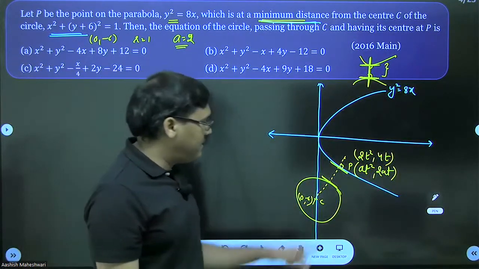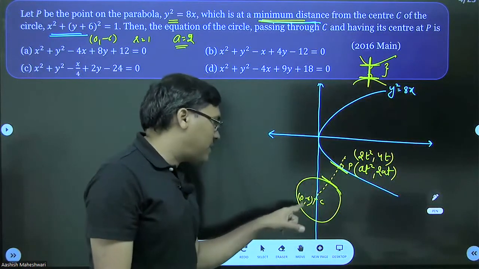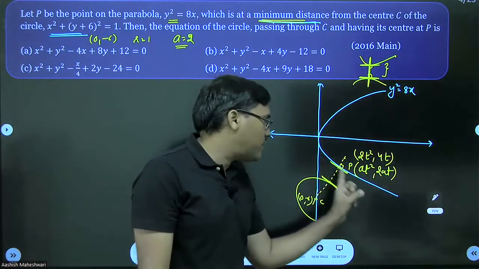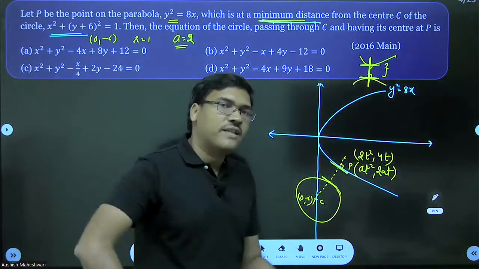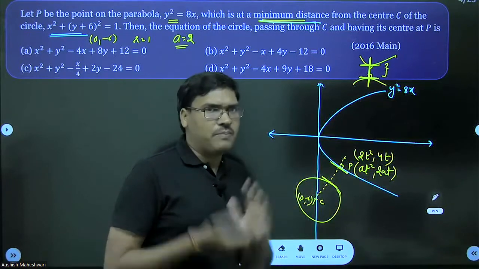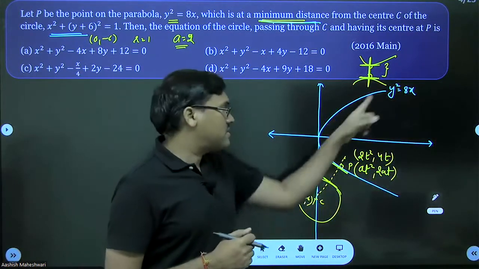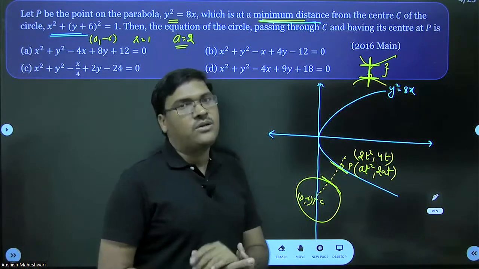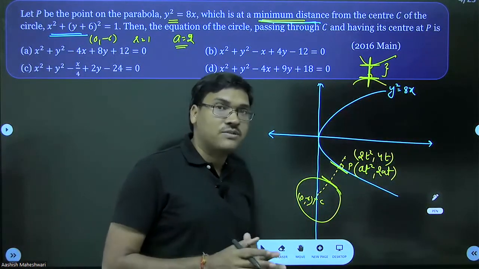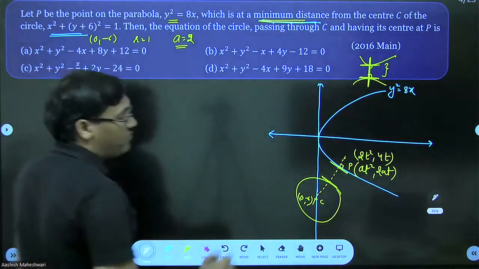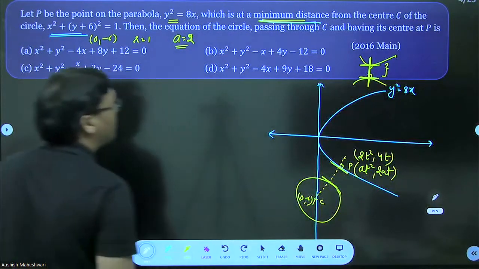So you can clearly see the normal at point P is passing through the center of the circle, that is 0 comma minus 6. So can you write the equation of normal at point P? Now, how will you write the equation of normal? Again, one way is you can use the dy by dx concept, application of derivative. But since this is a standard parabola, we know all the equations of a standard parabola. So I recommend you to remember this. It will save your time. Okay. So now, what is the equation of normal at any point t on this parabola?